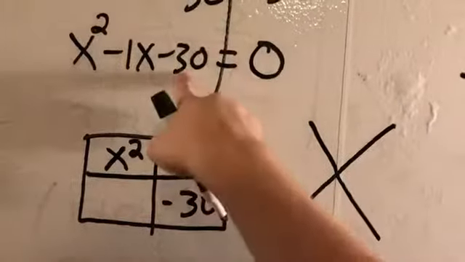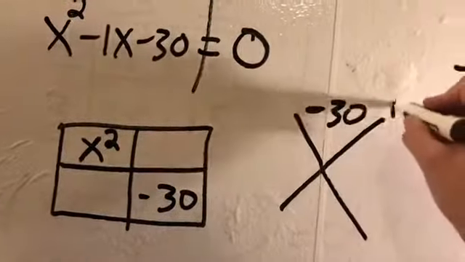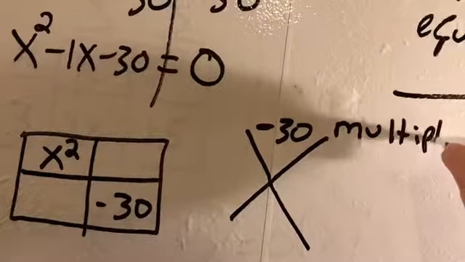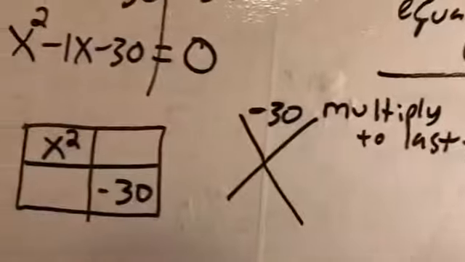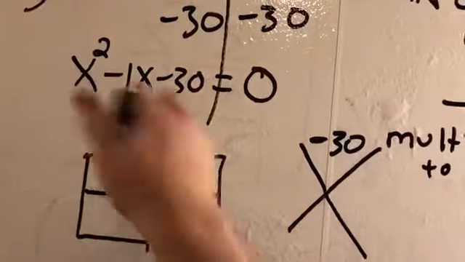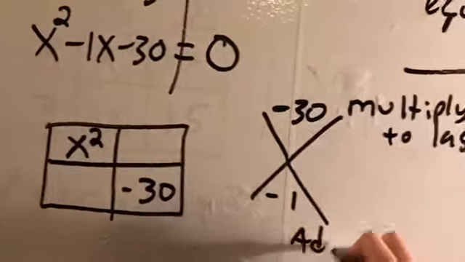What is going to multiply to the last number? And what is going to add or subtract to that number with x?